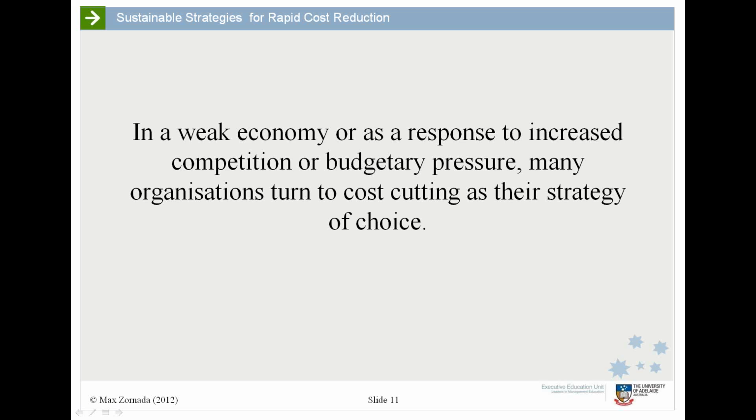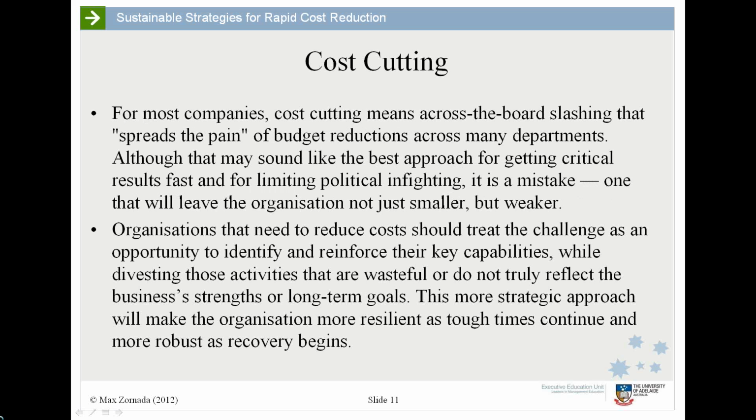So we see that either in a weak economy or in response to increased competition and budgetary pressure, cost cutting is often the strategy of choice that organisations turn to first. Unfortunately, the way that most companies implement cost cutting is not terribly effective. Typically they cost cut across the board in a way that aims to really spread the pain across the whole organisation.